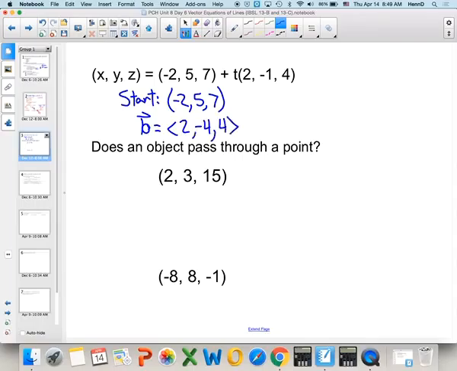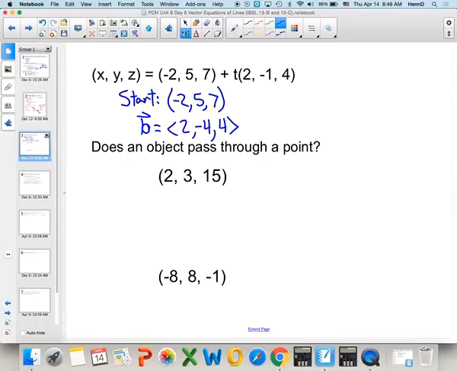Okay, so here's the question we have. Does an object actually pass through the point 2, 3, 15? Now here's the part where this can be a little tricky if you're not thinking about it clearly. Is x going to equal 2 somewhere? Yeah.